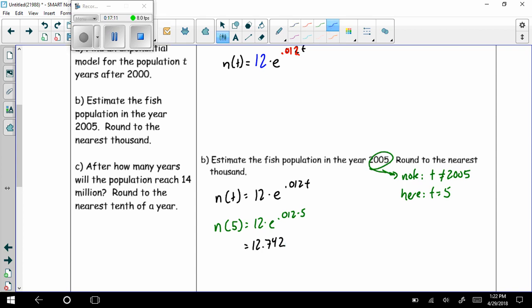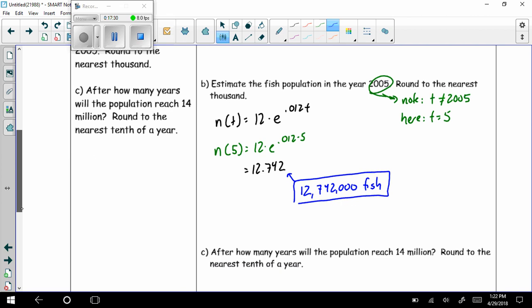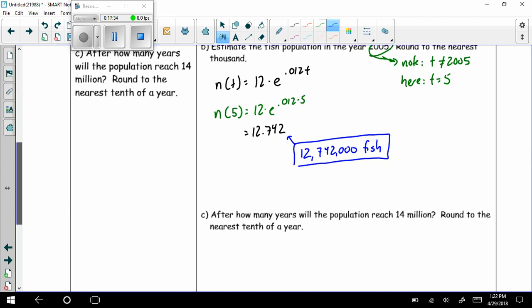And the reason why I'm saying that is this is 12,742,000 fish. So just a little bit of a heads up reminder, we said N sub 0 was just 12, and we didn't write the zeros after. So when we interpret the number, like we did here, you actually have to include the interpretation. I don't want to leave it as 12.742 million. I want you to convert that.